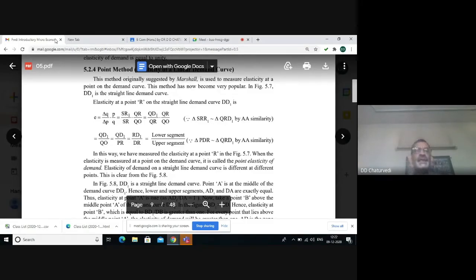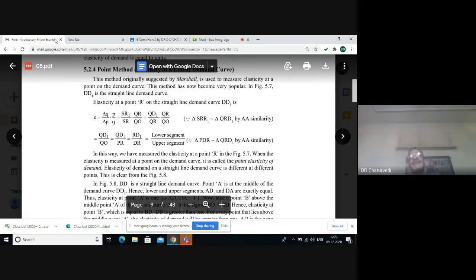Students, you can easily understand that the slope of a linear demand curve is the same at every point, and it is given by tangent theta or change in y to the change in x. So the first part of the elasticity of demand, that is 1 upon slope, is the same at every point on the linear demand curve DD1.